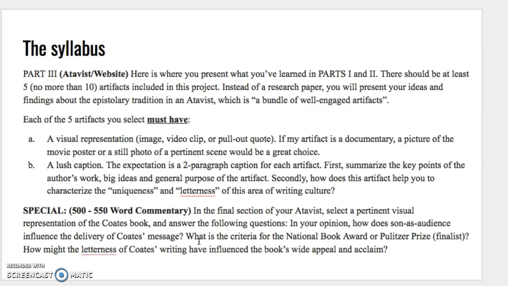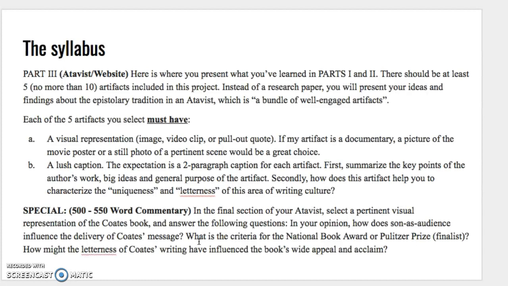After you do the 5 artifacts, a section that's essentially your commentary on the Coates book, and how you believe that having his son as the audience or the son as the reader of this letter influenced the way that Coates delivered this message, and if you believe, or how you believe, that it influenced its connection and its impact to the rest of the world, because it's a highly celebrated book.